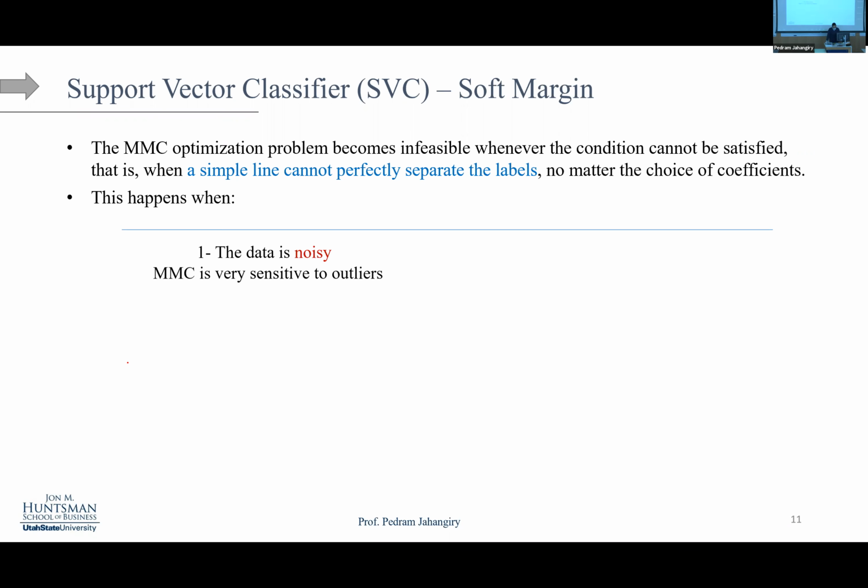First, when the data is noisy. When the data is noisy, we can still use MMC and find a hyperplane, but that hyperplane is not going to be robust. It's going to be very sensitive to outliers. So look at that. If this is the data, and this line is my hyperplane, I call it MMC, the maximum margin classifier.